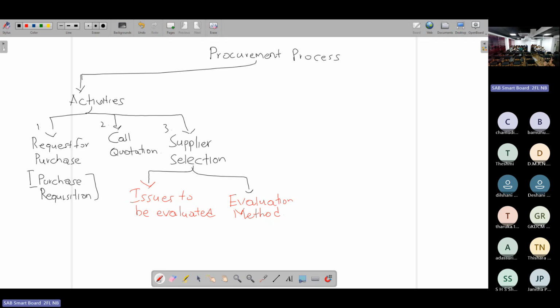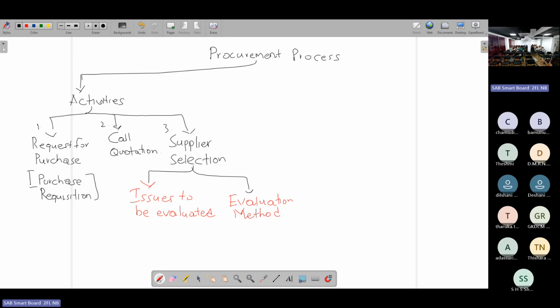What are the other issues to be evaluated when we are selecting the supplier? Quality: whether he can deliver the required quality. Required quantity, and second, required quality. Third, continuously whether he can supply the goods. I gave an example last class: you are importing shirts from an Indian supplier and continuously making profit, but suddenly he stops supplying the goods, then you will be in trouble.